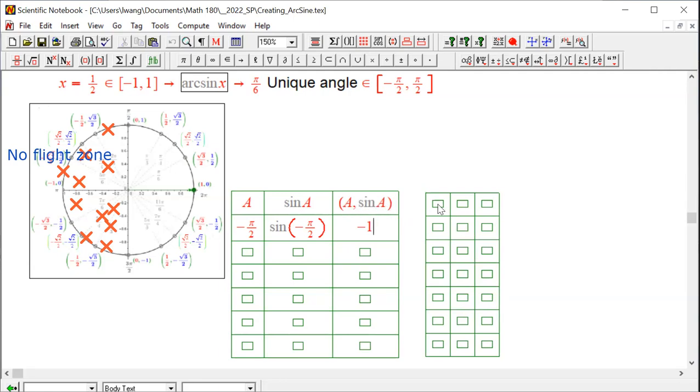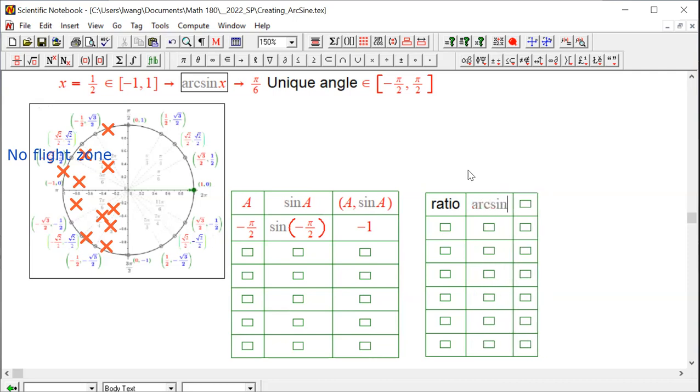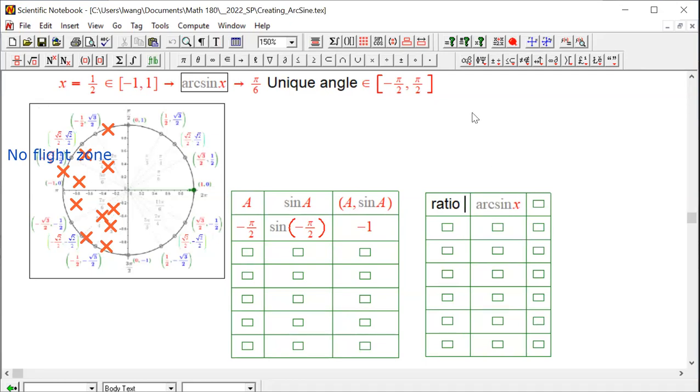Now, on the arcsine, we're going to take the ratio as the input, and the new function is called the arcsine. Let's give the ratio a name, just a placeholder.